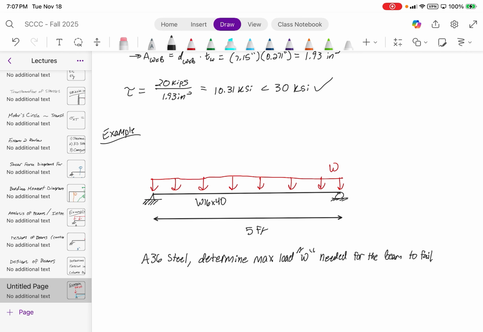Why isn't it making sense? Figure it out. Yeah, ignore self-weight.